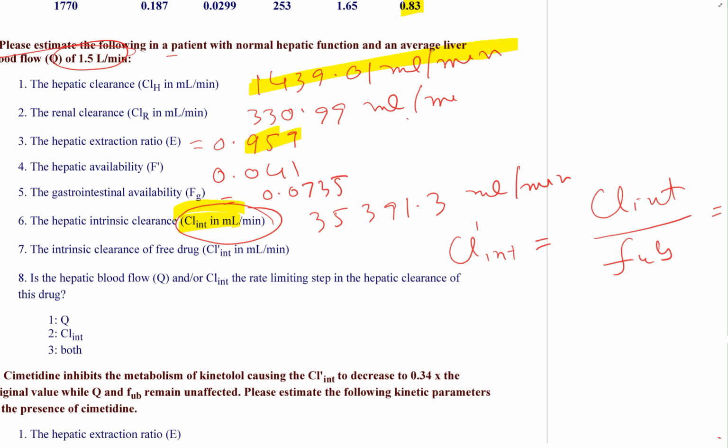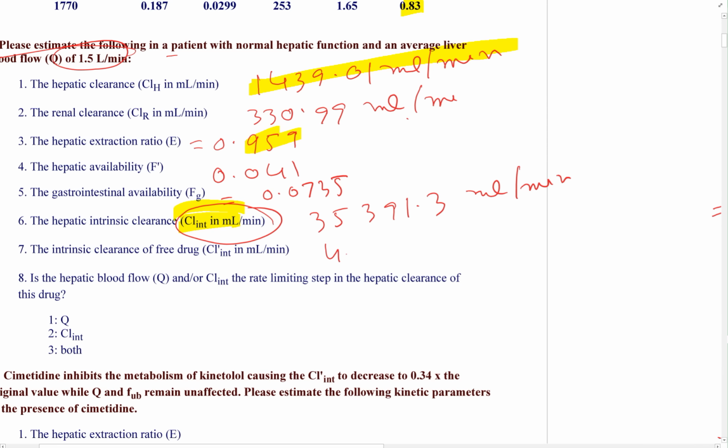You see, the hepatic intrinsic clearance is 35,391 milliliter per minute, and the intrinsic clearance of free drug is 42640.11 milliliter per minute, so it is slightly bigger. So the intrinsic clearance of free drug is 42,640 milliliter per minute, while the hepatic intrinsic clearance is 35,391 milliliter per minute.